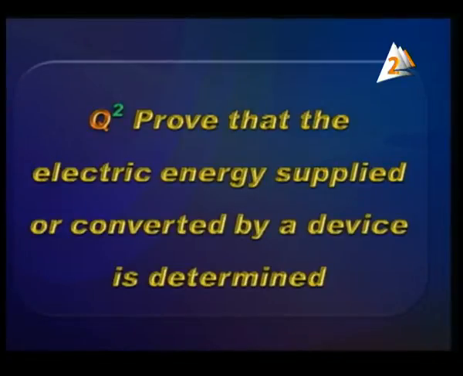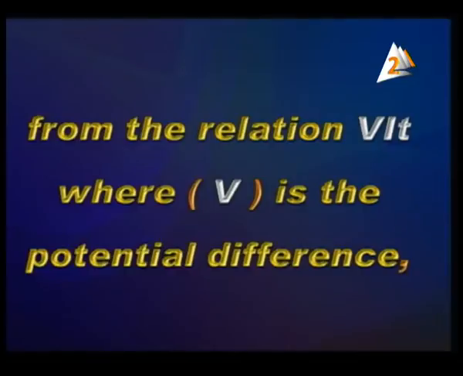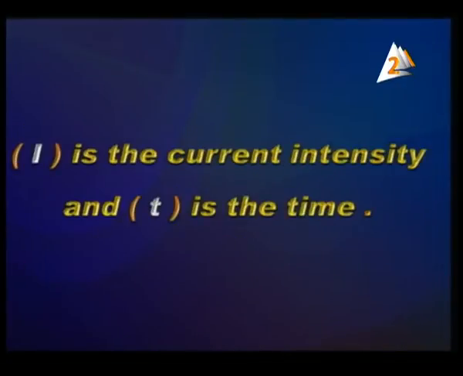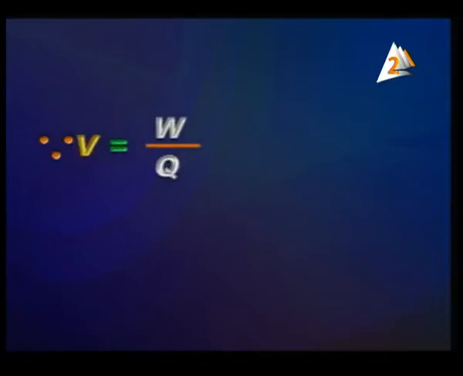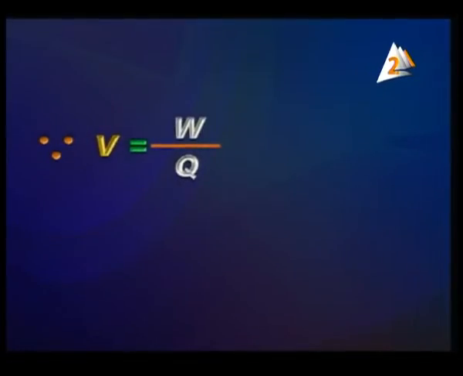Prove that the electric energy supplied or converted by a device is determined from the relation VIT, where V is the potential difference, I is the current intensity, T is the time. It's all easy, and it is the first proof in your curriculum.